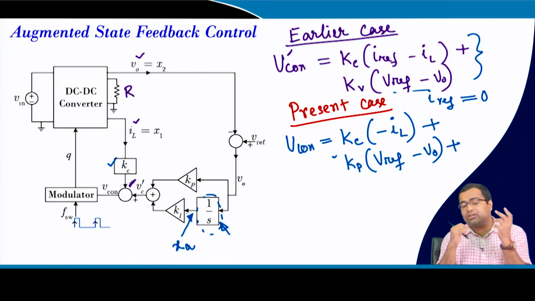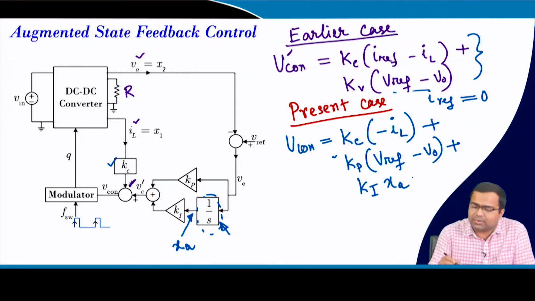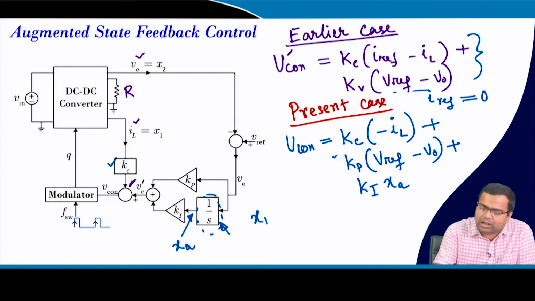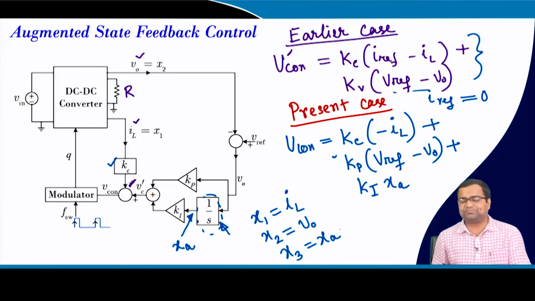Similarly, 1 by S will also have a dynamics, and the output is Xa. So, that means we have a third variable, which is Ki into Xa. Now in this configuration, our x1 is IL, x2 is V0, and x3 is our augmented state.